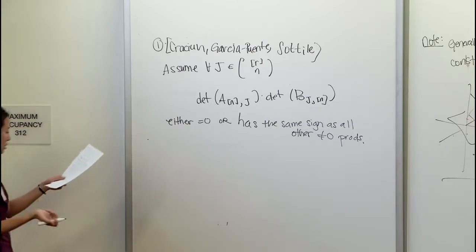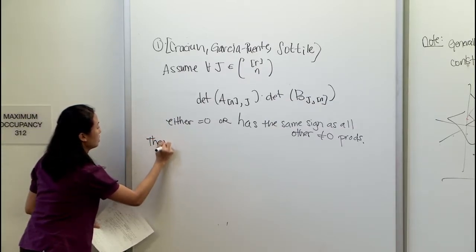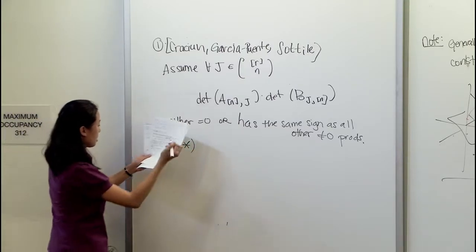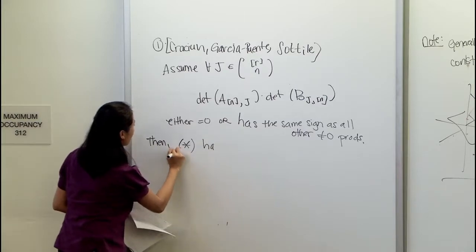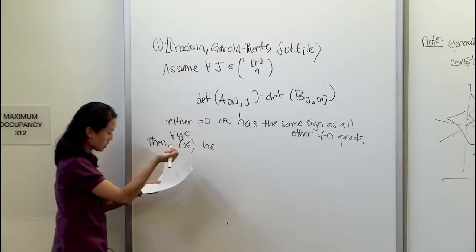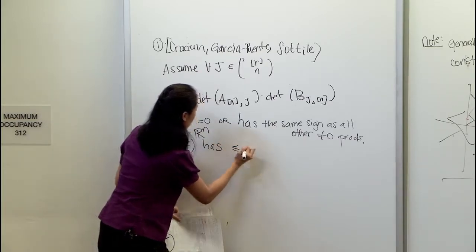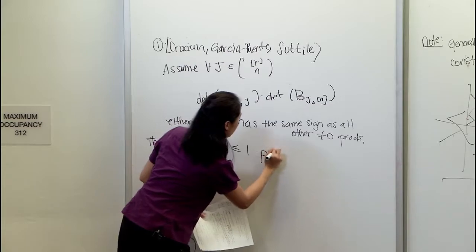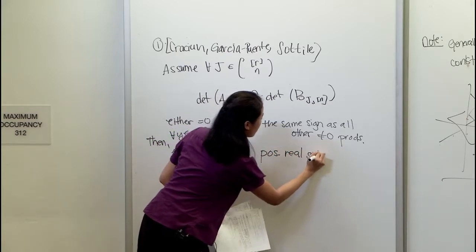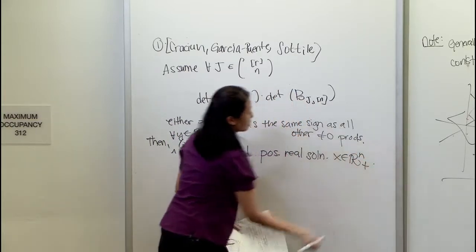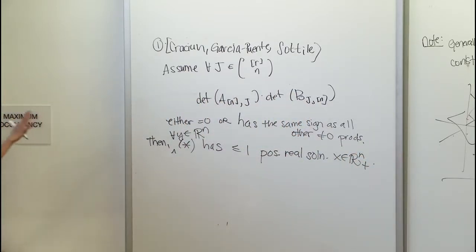Then for the system star, for all possible y in R^n, star has at most one positive real solution x in R^n_plus. So looking at all of these determinants will tell you, regardless of what my right-hand sides are, I will never have more than one positive real solution.